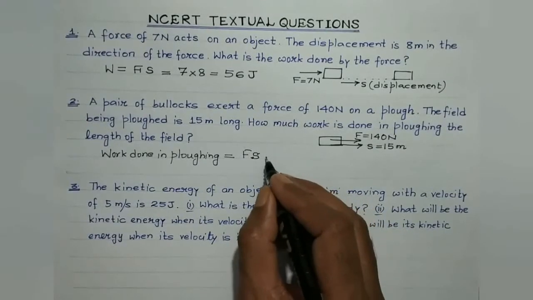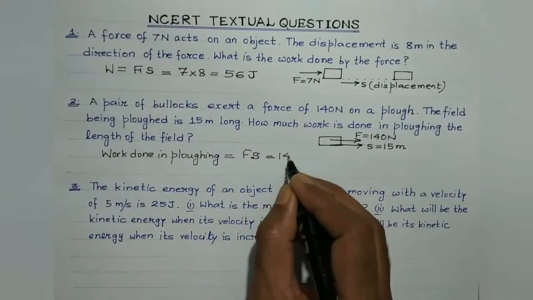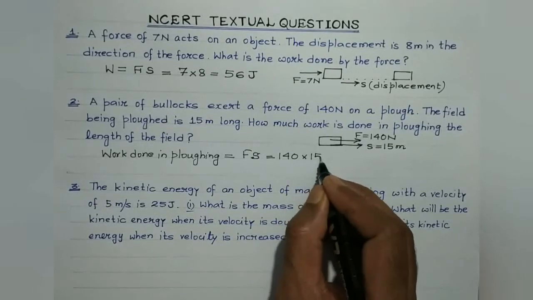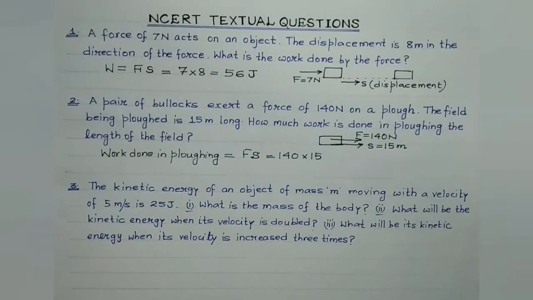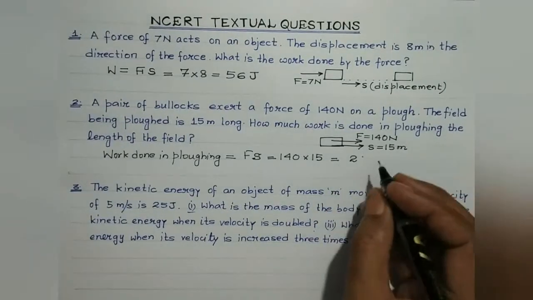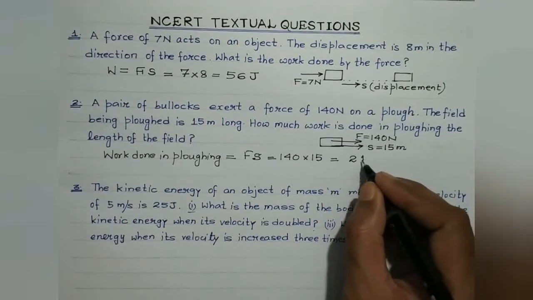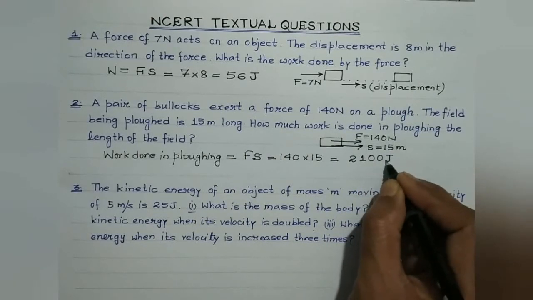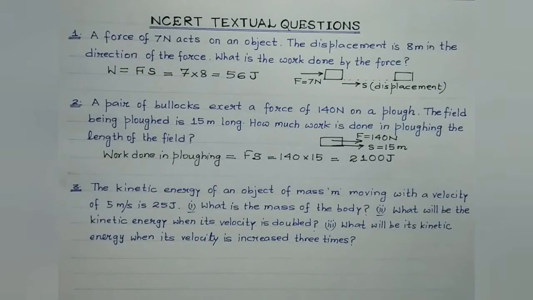So that will give us 140 multiplied by 15, right? So it is equal to 2100 Joule. So this much work is done in plowing the length of the entire field, which is 15 meter long, right? So it's pretty simple.